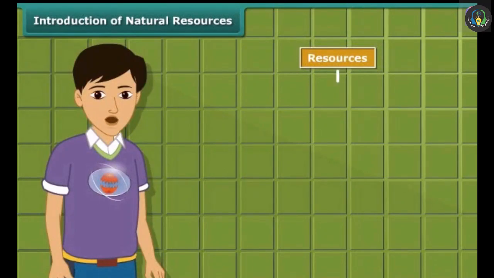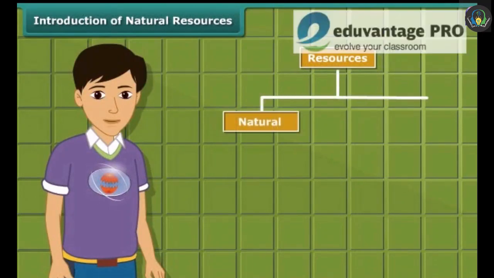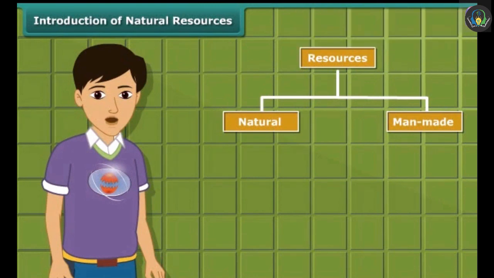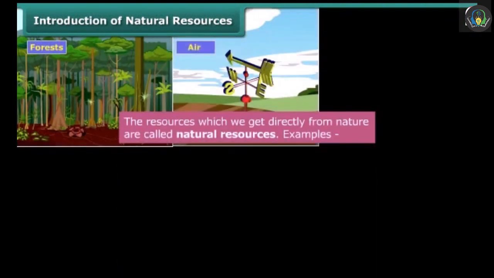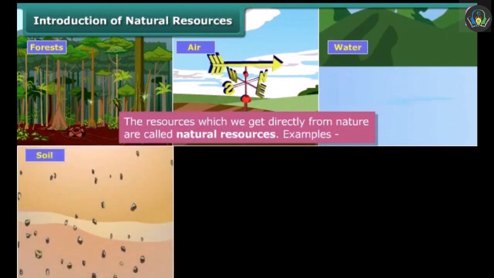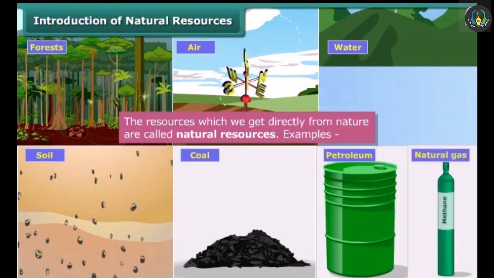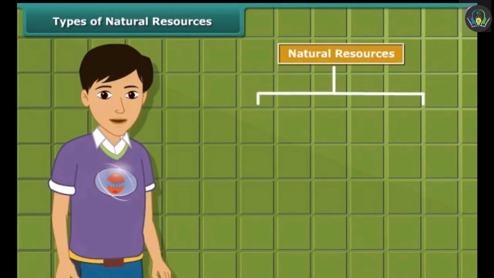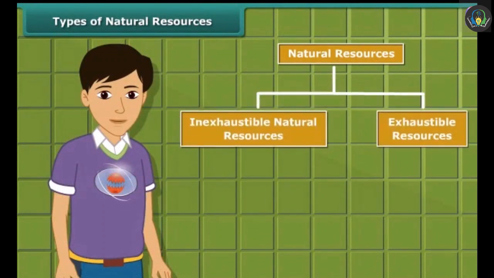Resources can be classified into two categories: natural resources and man-made resources. The resources that we get directly from nature are called natural resources, like forest, air, water, coal, petroleum, and natural gas. There are subtypes of natural resources, namely inexhaustible natural resources and exhaustible natural resources.